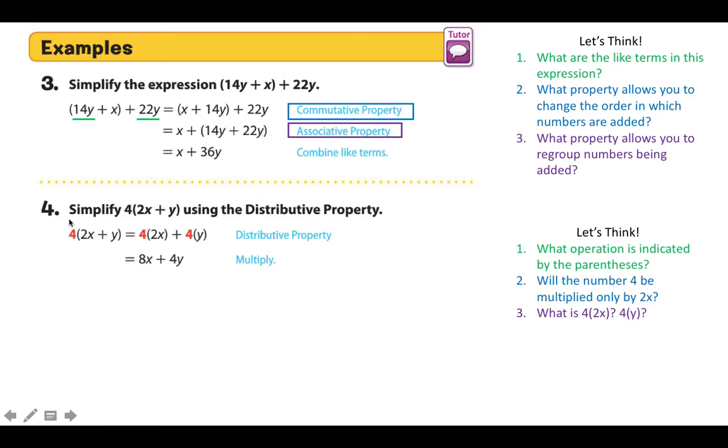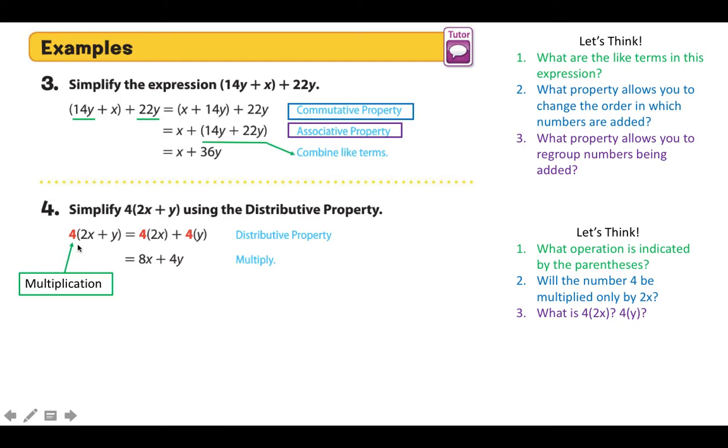Look at example 4. We're simplifying the expression 4 times the quantity 2x plus y. We've got two variables here, x and y, but they're separate terms. So if we're going to use the distributive property, first we've got to think, what operation is indicated by parentheses?